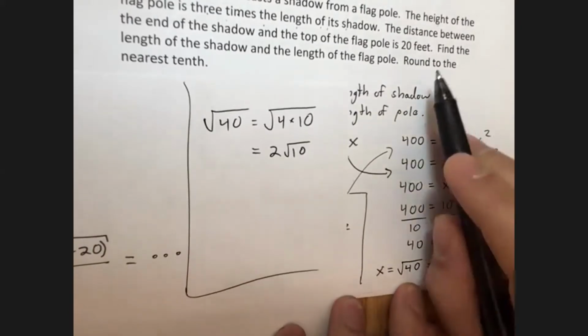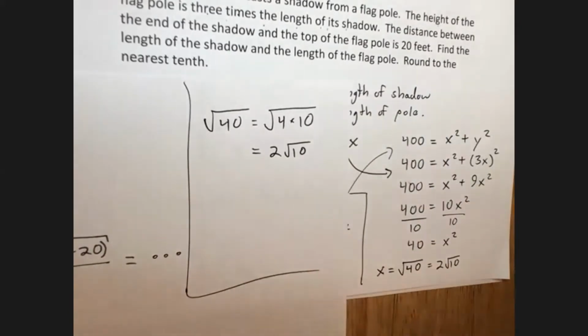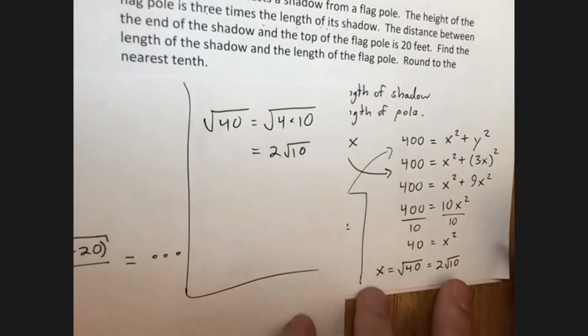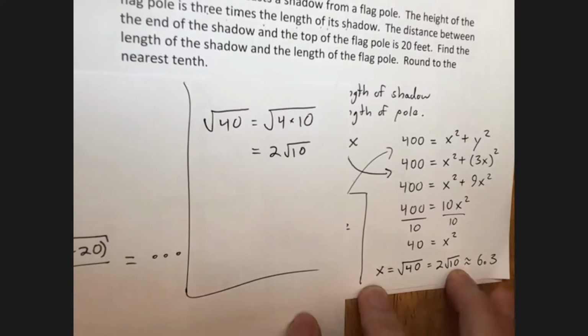Except that they wanted us to round to the nearest tenth. So I guess they do want us to use a calculator for this. So 2 times square root 10, 6.32. If I round to the nearest tenth, that rounds to 6.3. And these are measured in feet.